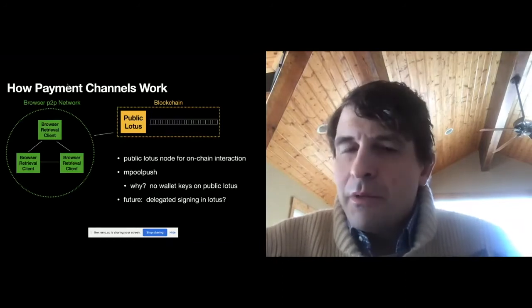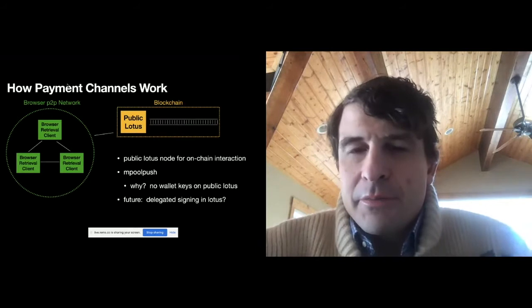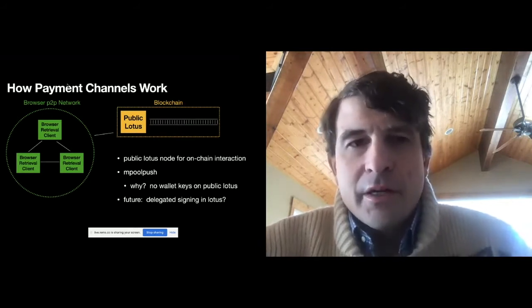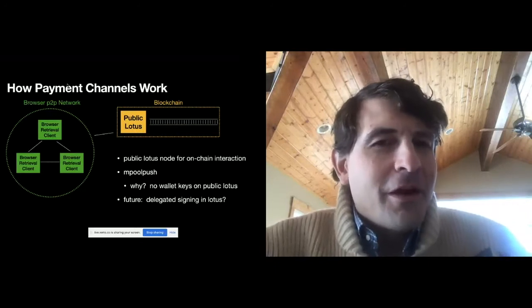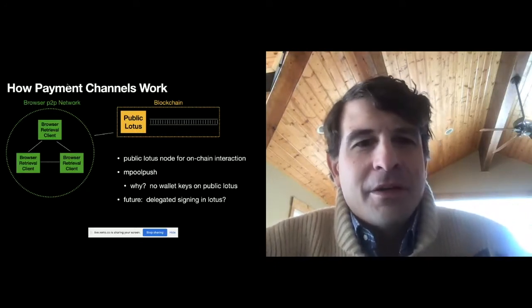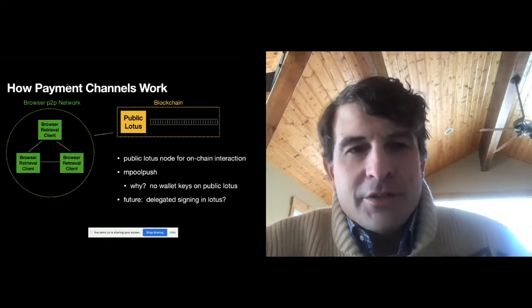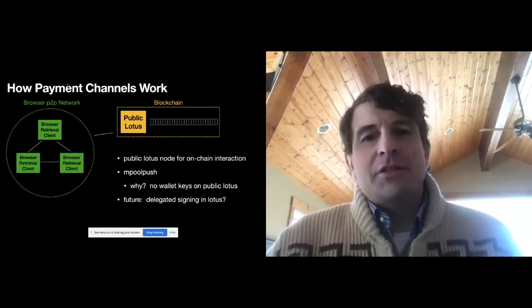But because it's public, we can't put anybody's wallet private keys on it. There's too much risk that somebody would figure out how to hack Lotus in a clever way that exposes other people's keys. So we keep all of the private keys, the signing keys, in the browser, which means we need to sign all the messages in the browser.